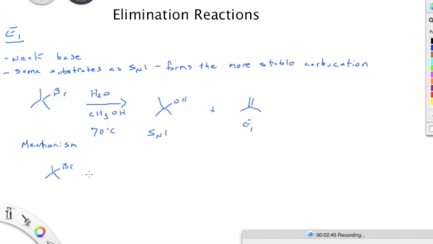That means you're going to have your leaving group leave, and so this would be the slow step, the rate determining step here, which we abbreviate with RDS. What's going to happen is, of course, these electrons are going to leave and go to your leaving group, and now you end up with a carbocation.